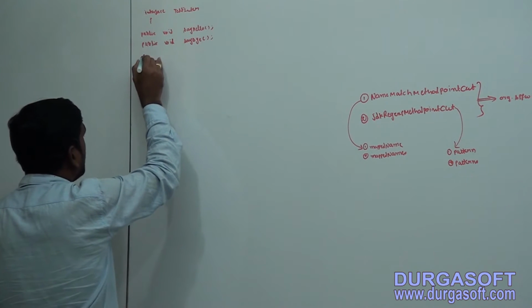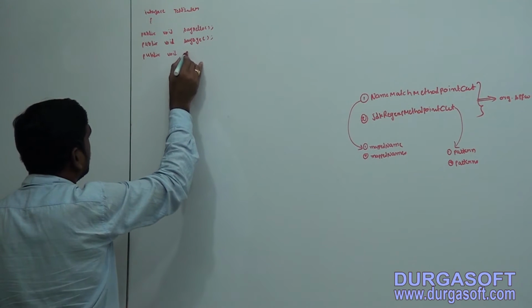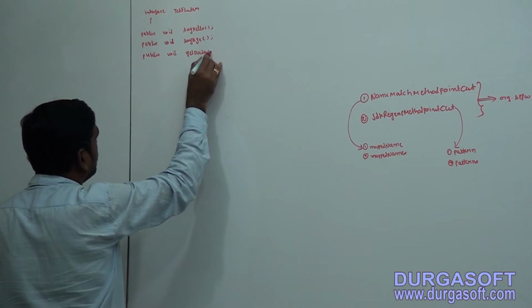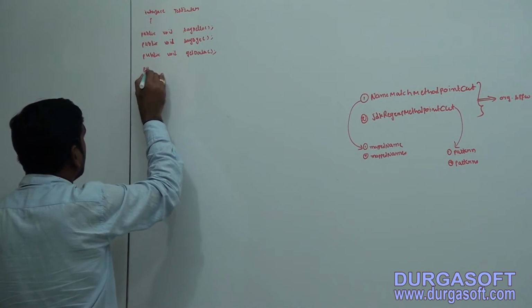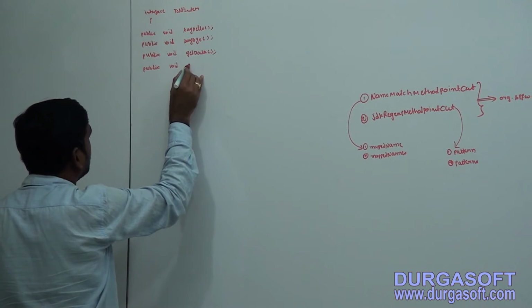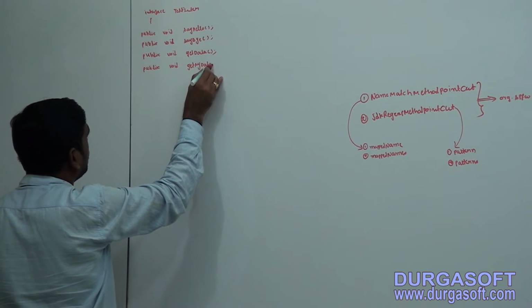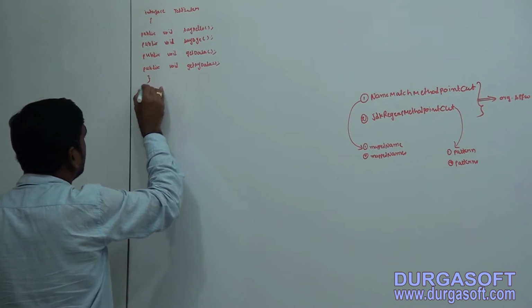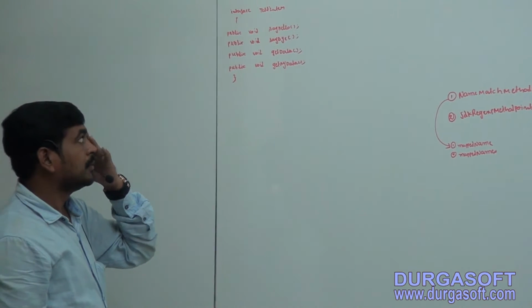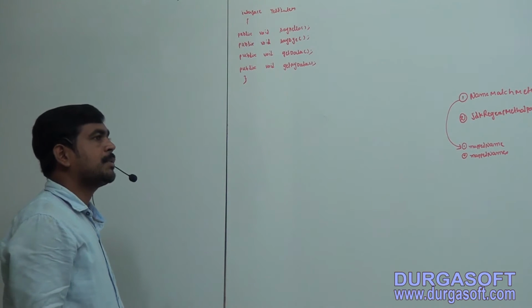The next, public void getData. The next, public void getMyData. All these are business methods.